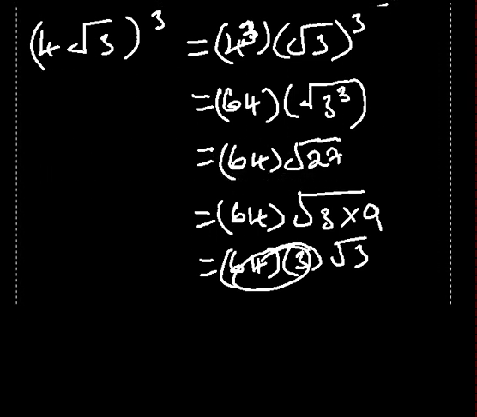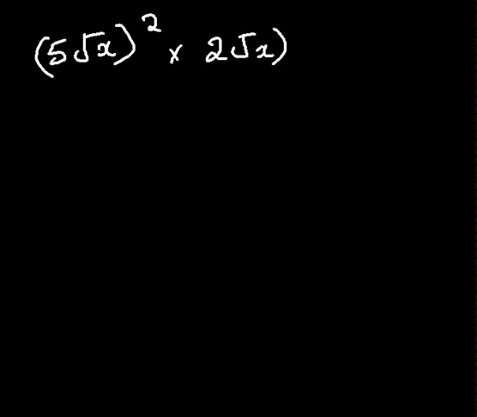And also let's think about this one, how we can also make it up. Let's say we have 5 times the square root of x, to the power 2, and that times 2 times the square root of x, to the power 3.